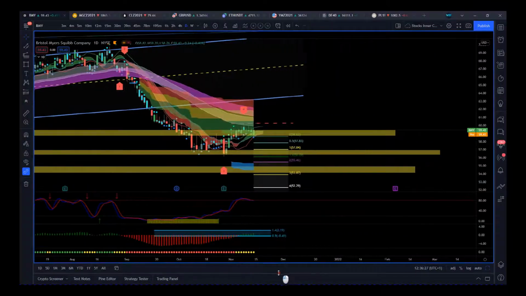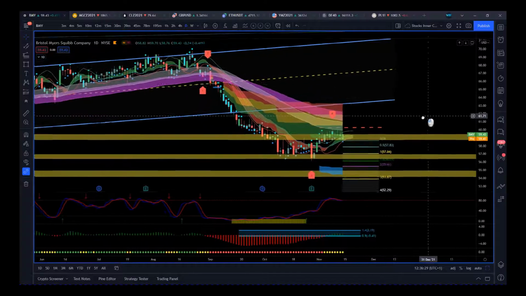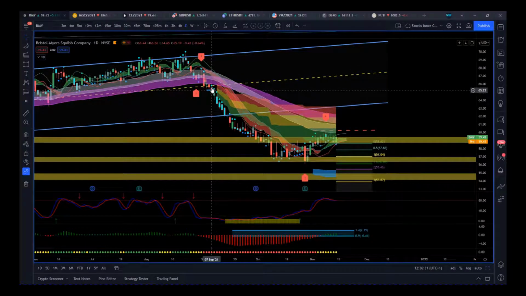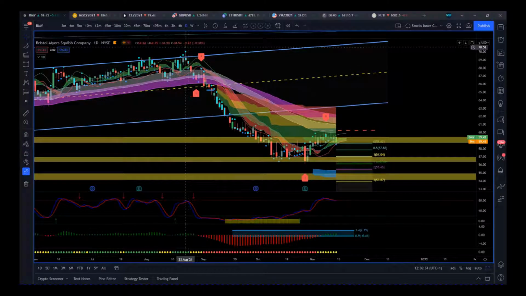Let's talk through this potential trade. With the Elliott Wave indicator suite, we isolate the trend. It counts at the top here, it's broken down, found support at a previous support and resistance zone, and it's pulled back up in what is now a short-term bearish trend.